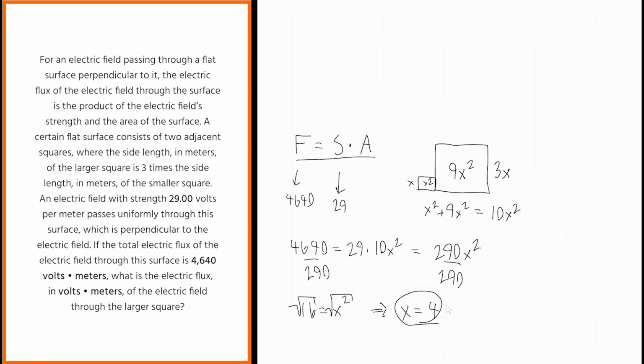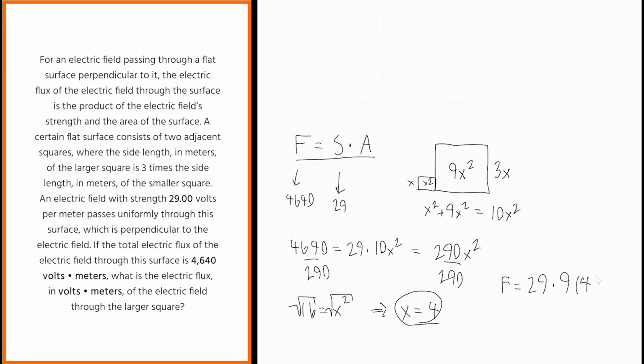And finally, the last part of this problem, what it's really asking us, it's asking us for the flux through the larger square. We can use this same equation while only using the area of the larger square, and we can find that the electric flux that we are looking for equals the strength 29 times 9x squared, but now, of course, we know that x equals 4.